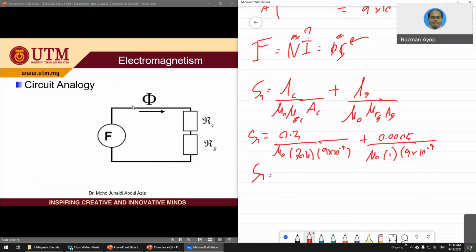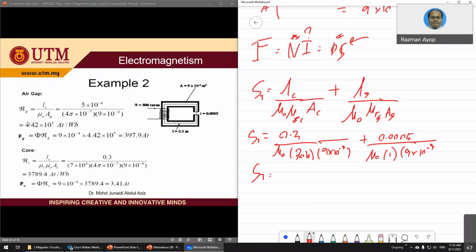This is the circuit analogy if you want to draw it, because you have the core and you have the gap. So this is the way to do this. If you want to do it separately first, you can.